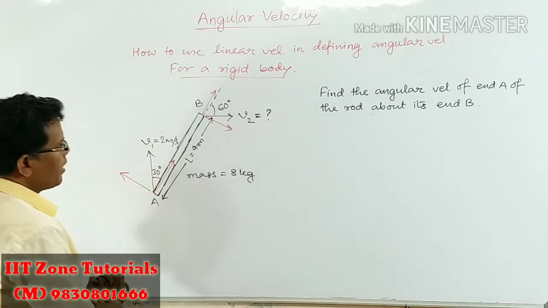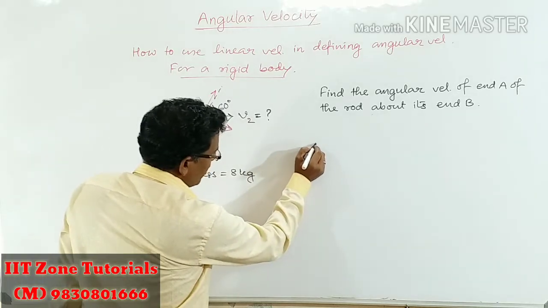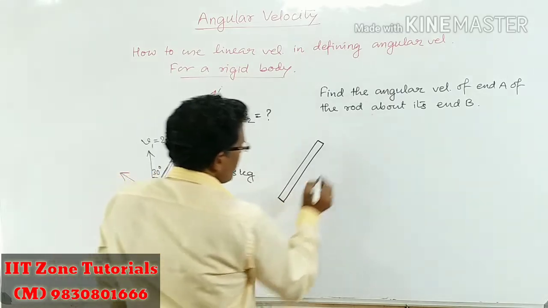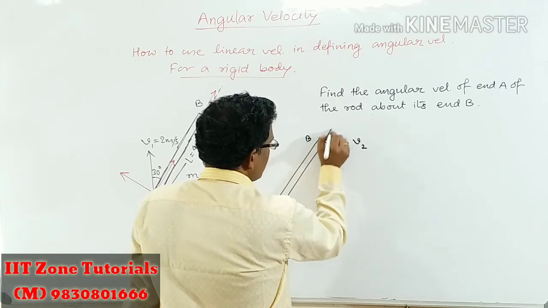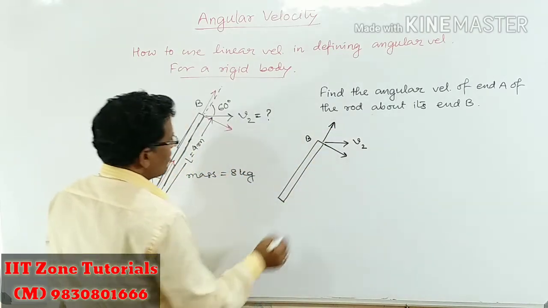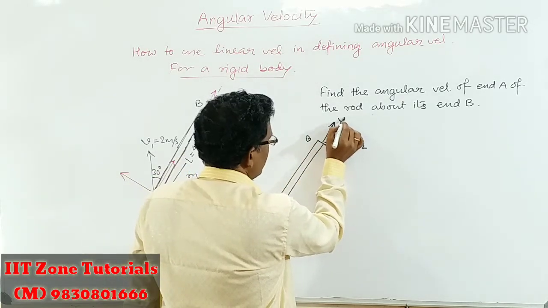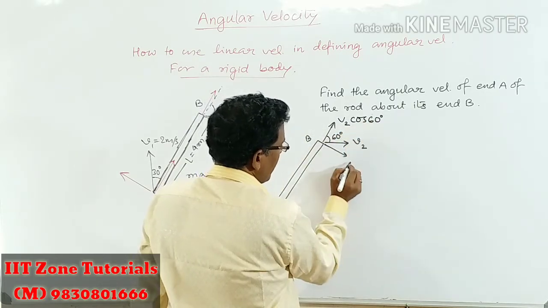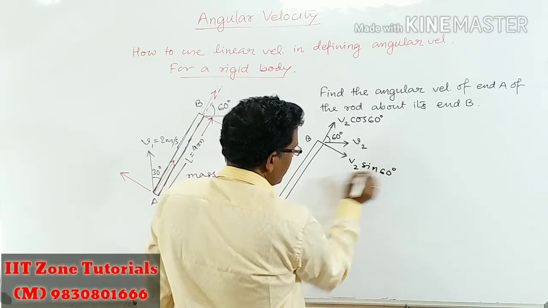So first, according to the given information, if I redraw the situation of the rod again, the rod has the unknown velocity v2 at end B. On resolution, on the basis of the direction said about the v2 velocity, which is 60 degree, I can write down here it is v2 cos 60, and here it must be v2 sin 60, right?